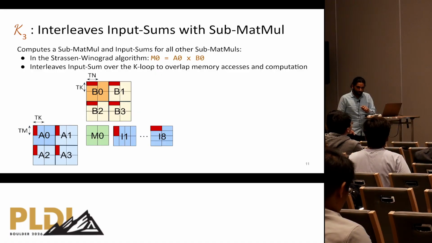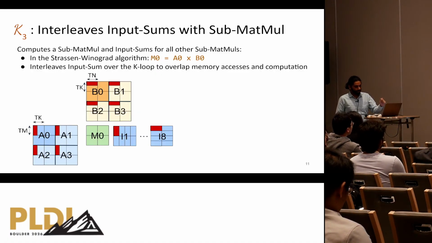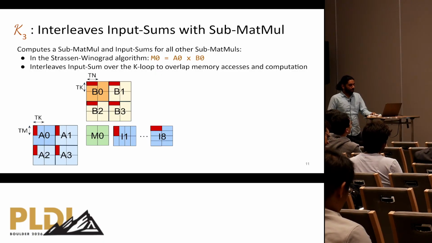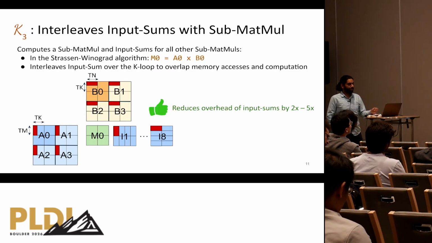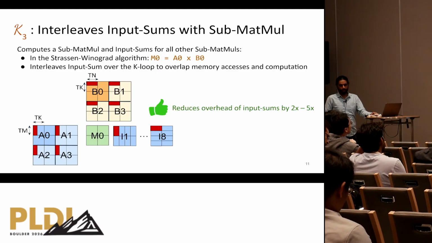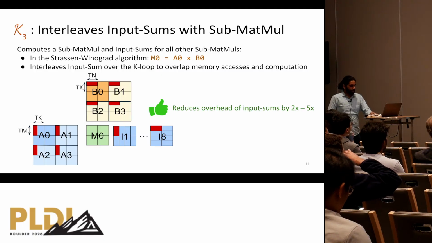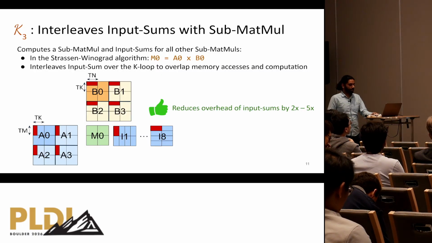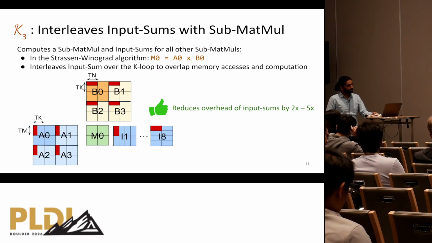So by interleaving these memory accesses with the computation, we can actually overlap these memory accesses for the input sum with the computation, and that reduces the input sum time by 2 to 5 times over the separate sum kernel, and achieves almost the memory bandwidth you would expect of the GPU.